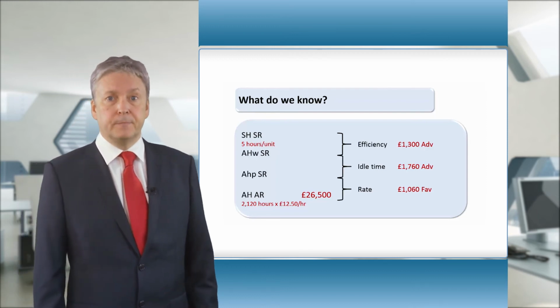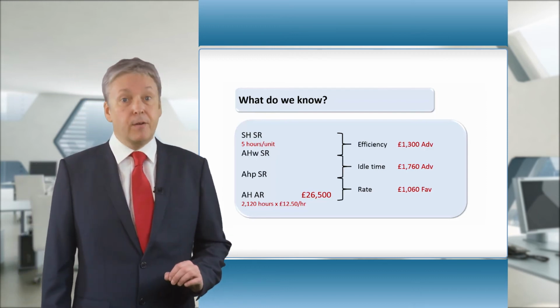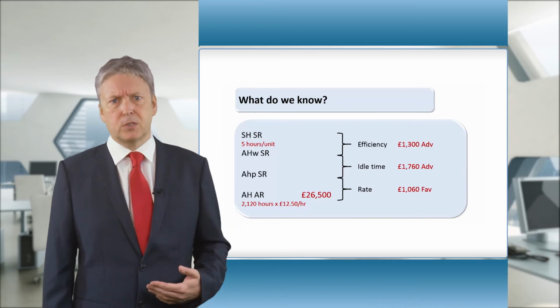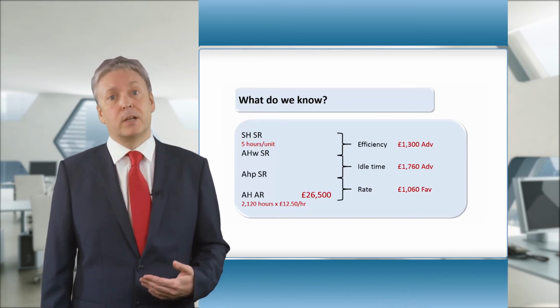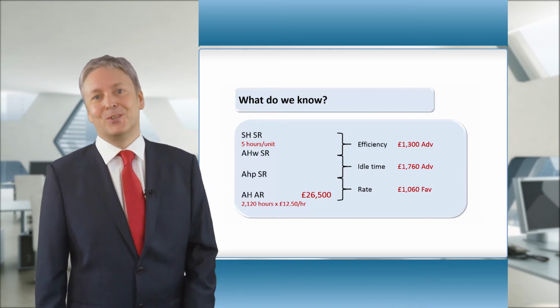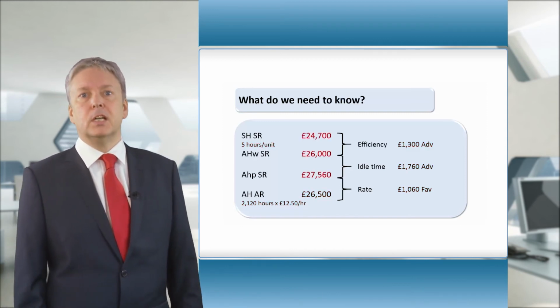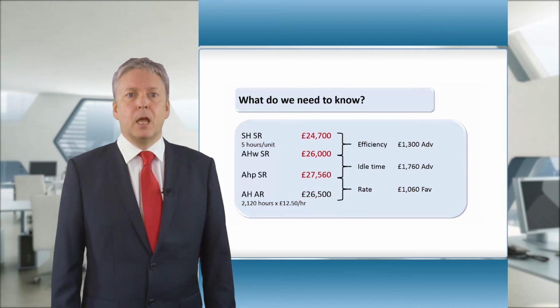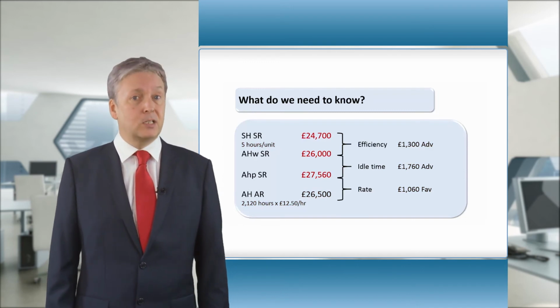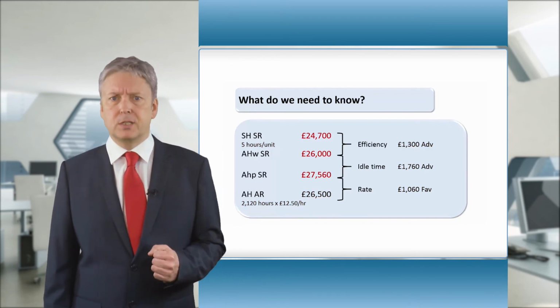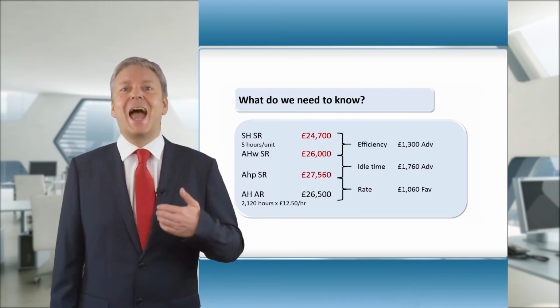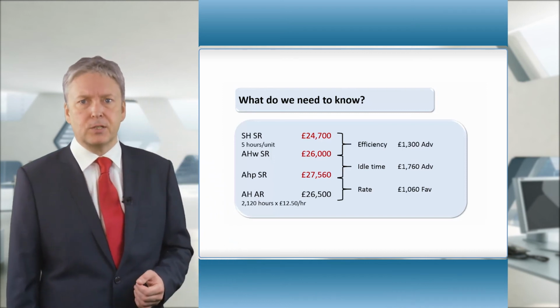Remember what we said. If it's a favourable variance, the top will be greater than the bottom, and if it's an adverse variance, the top will be less than the bottom. So in simple terms, we work through. If we're looking at actual hours paid at standard rate, that will be greater because it's a favourable variance, so we add back the favourable variance.